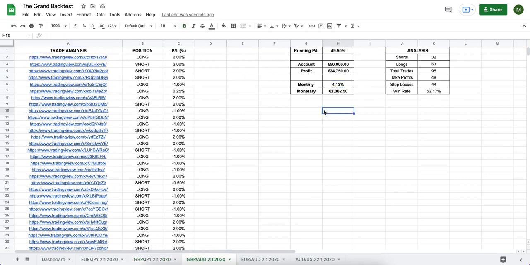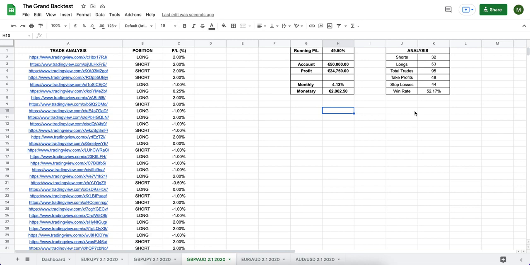So GA, for example, we made 50%, also a very low win rate. Pound pairs were bad for me, I'm telling you. GBP Japanese yen, GBP AUD, even though I pretty much like them, they've been some bad currency pairs.